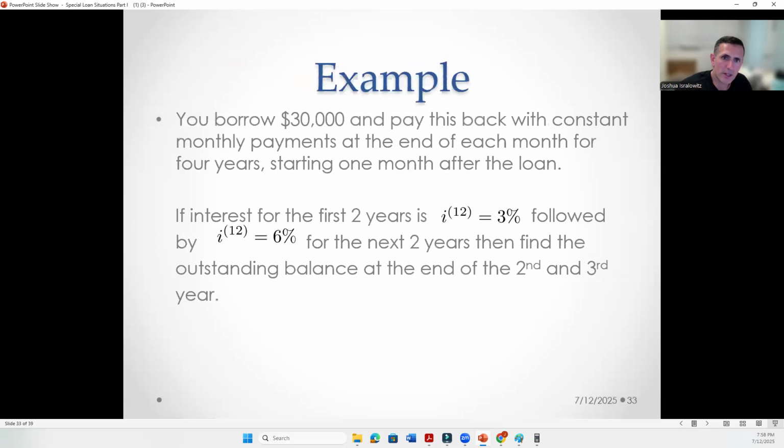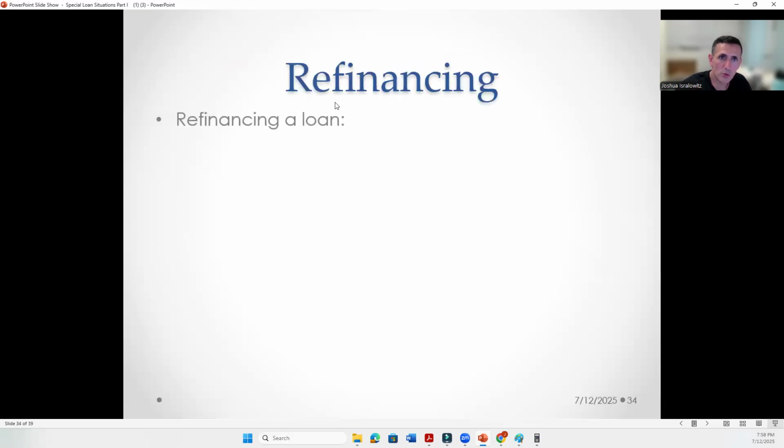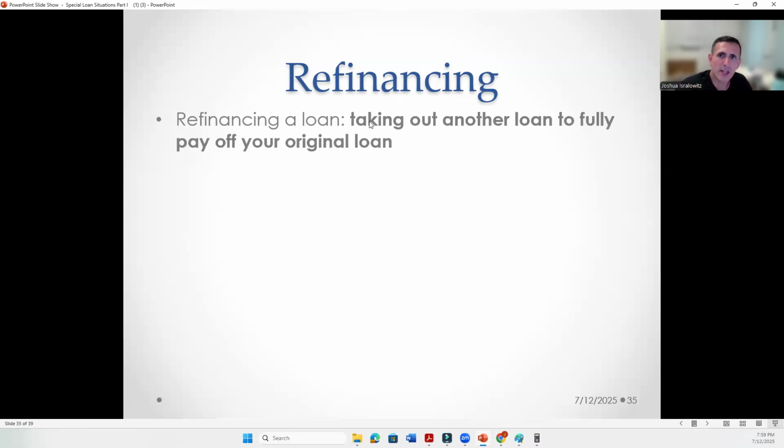Okay, so finally, let's get to refinancing. This is probably one of the most practical topics we'll talk about. Nothing too special, really. The idea is just taking out another loan to fully pay off your original loan.